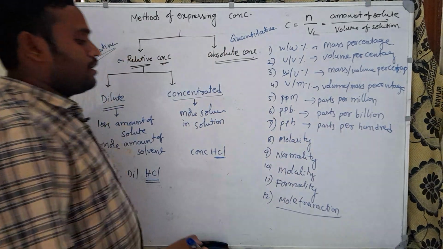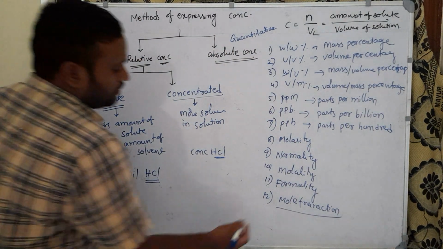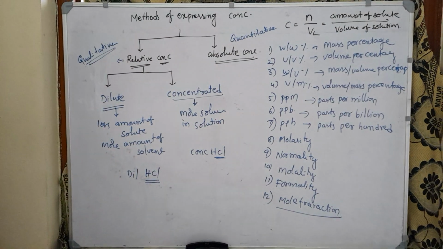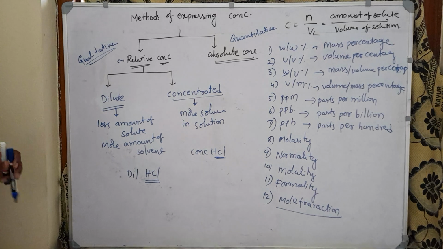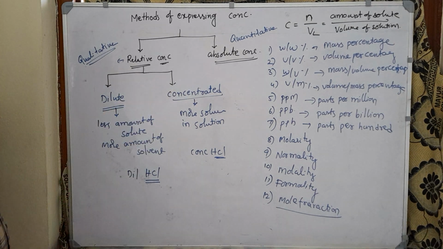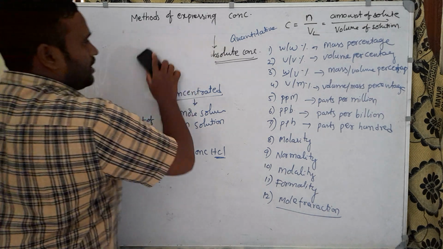Next are molarity, normality, molality, formality and mole fraction. These are the 12 methods to express the concentration of solutions. First we will discuss the mass percentage. So what is the mass percentage?